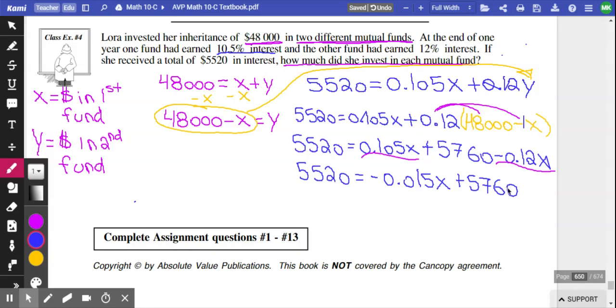I expanded, I collected like terms. Now I try to get my one letter by itself. To get the one letter by itself, I'm going to subtract the 5,760 from both sides. 5,520 minus 5,760, you get negative 240 equals negative 0.015x.